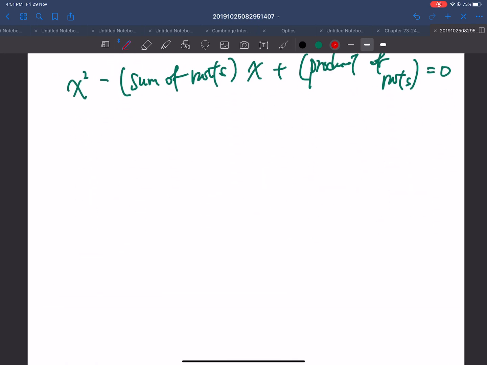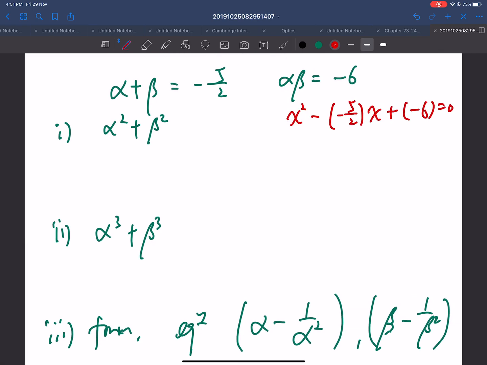Just use the trick here, okay? But it asks you to form a quadratic equation with integer coefficients. So what should you do next? You turn them into integers. Times 2 on both sides. You get finally 2x squared plus 5x minus 12 equals 0.